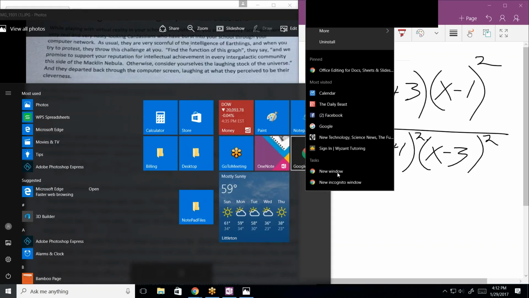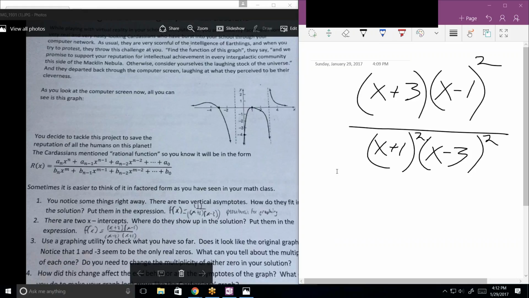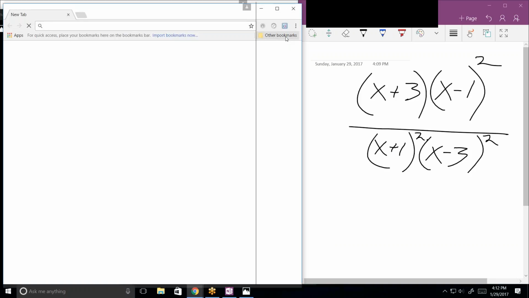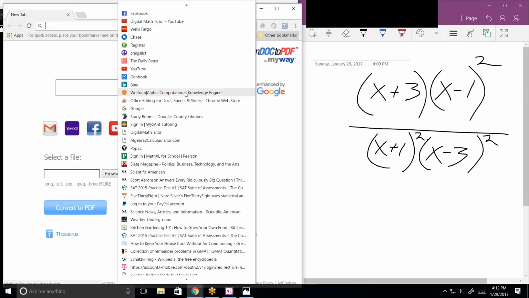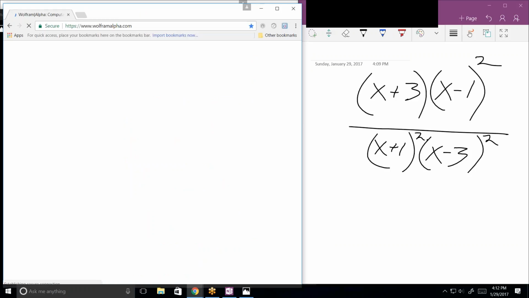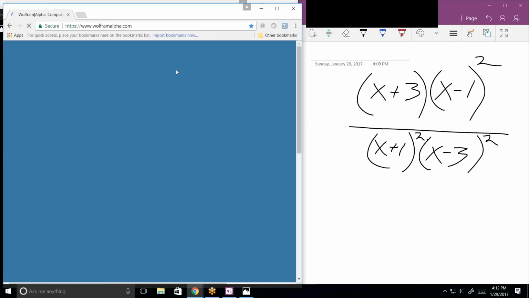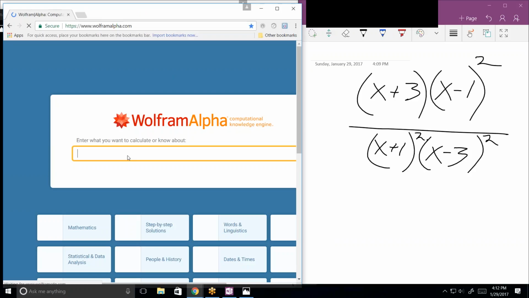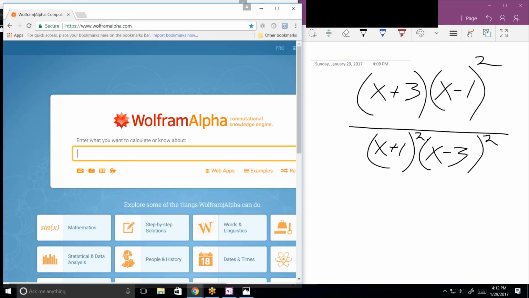Are you familiar with Wolfram Alpha? Not really. I usually just use my calculator. Well, okay. Wolfram Alpha, if you're doing this stuff on a computer, is a fabulous, not just calculator, but knowledge database. The beauty of Wolfram Alpha is it will give you all of the zeros and everything.